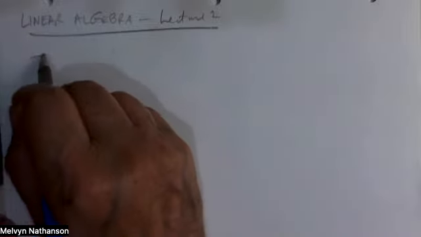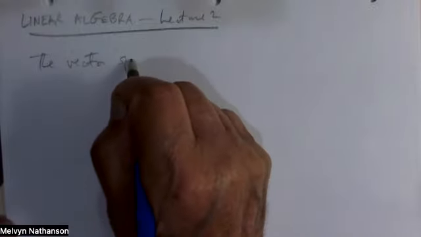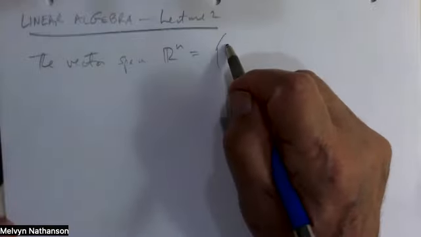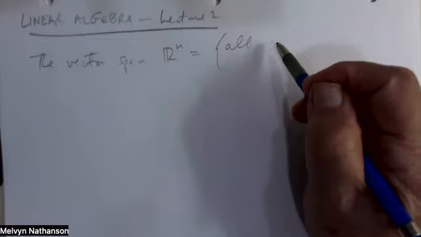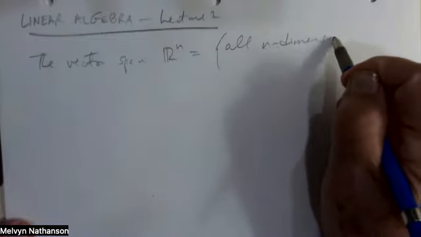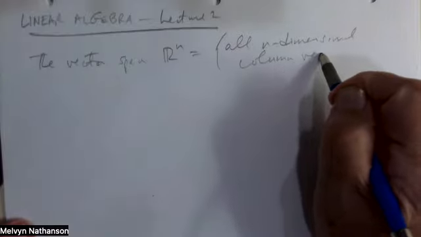We were looking at solutions of one linear equation, and that brought us to the vector space Rn, which is the set of all n-dimensional column vectors.